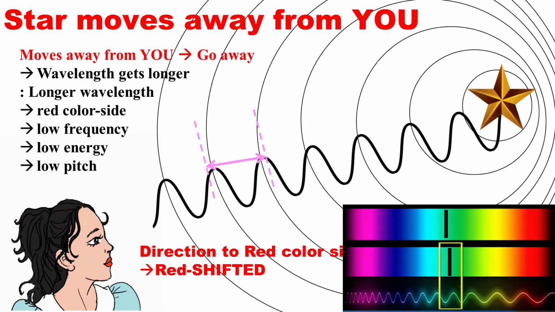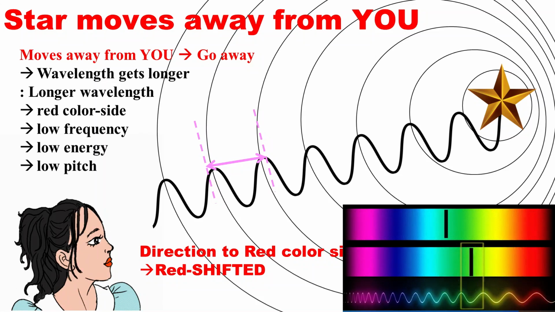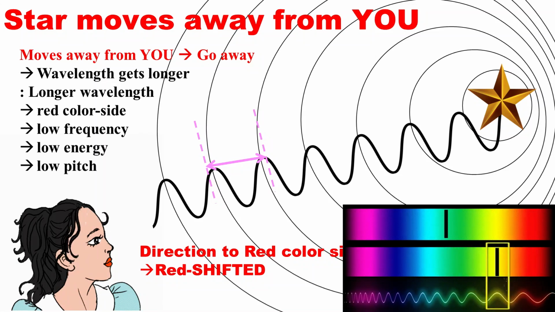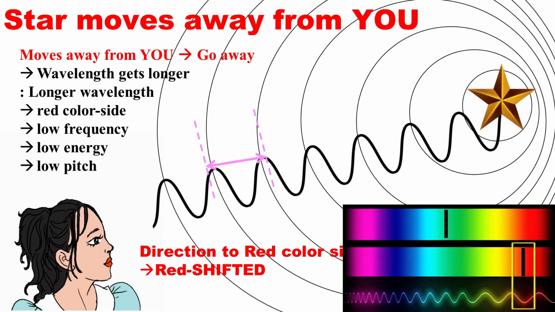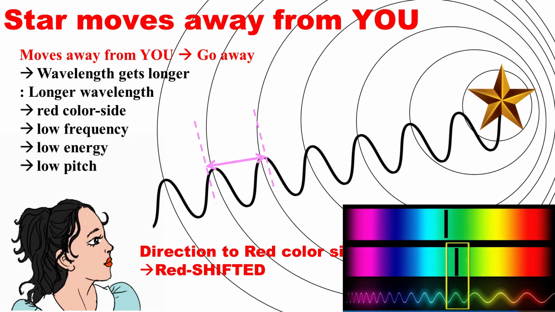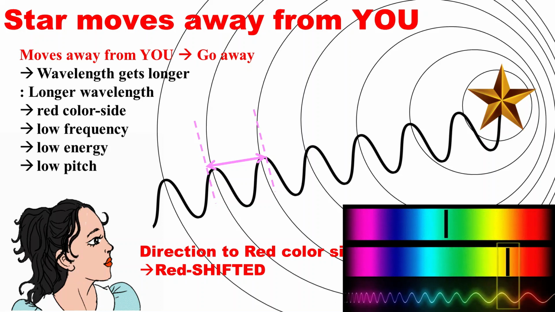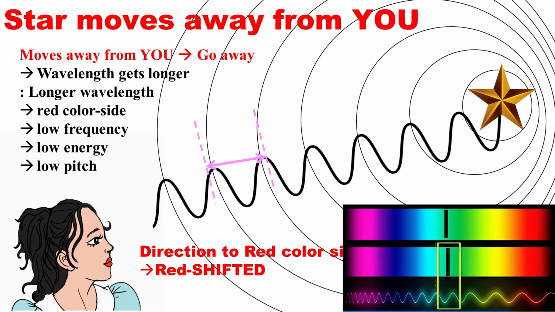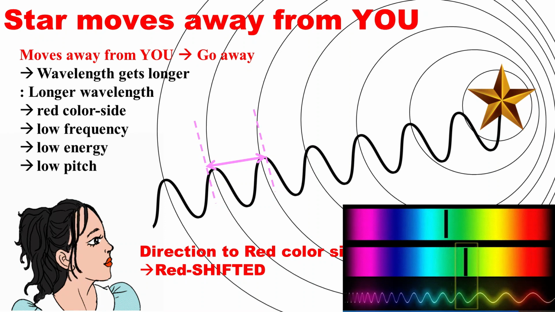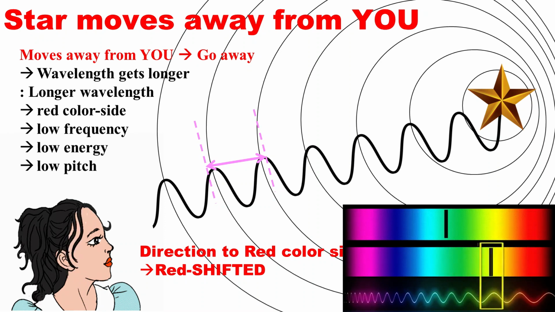What about this case? If the star is moving away from you, the spectrum here shows the wavelength changes into the longer side, the red color direction. This does not mean the red color itself. It means the red color direction, so-called red shifted.